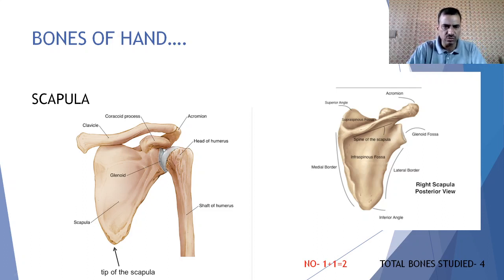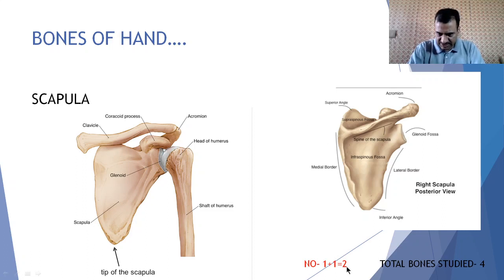So these one or two important points you can write. There are many more points, but I think two or three are sufficient. Like it has one spinous process known as spine of the scapula.